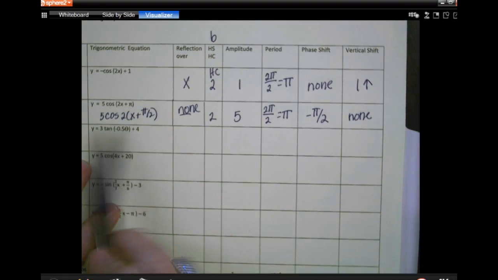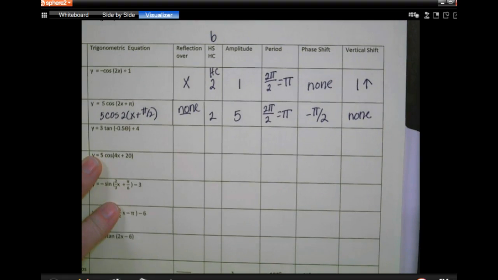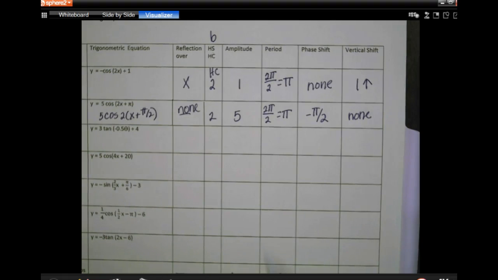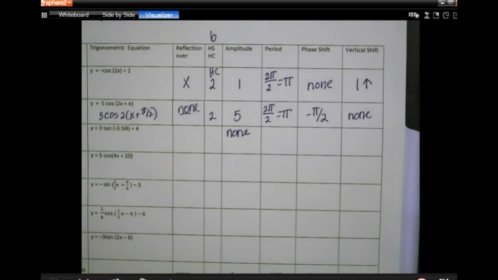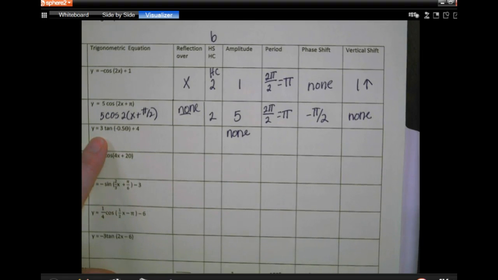so on the next one, first of all, I told you what's the amplitude for tangent? There is none because it keeps going, right? So there is none here. But here's what I want you to think about. If we were doing a transformation and I'm going to graph the tangent, I have a point where the y is 1. What does the 3 do to that point?